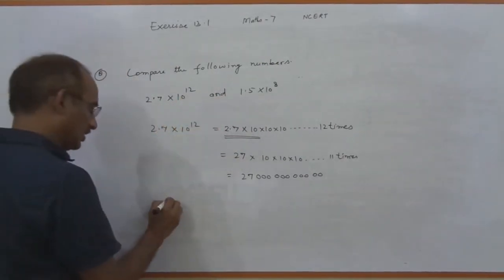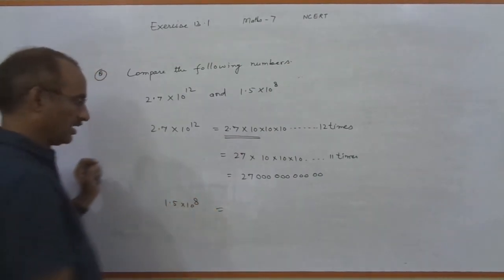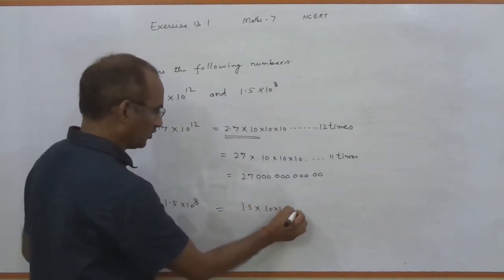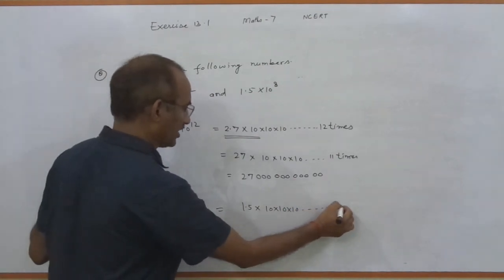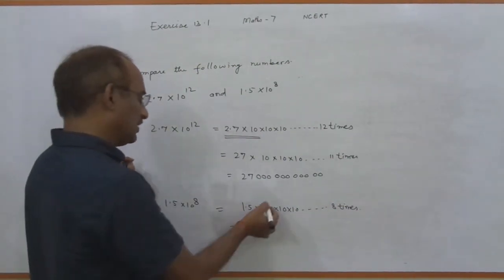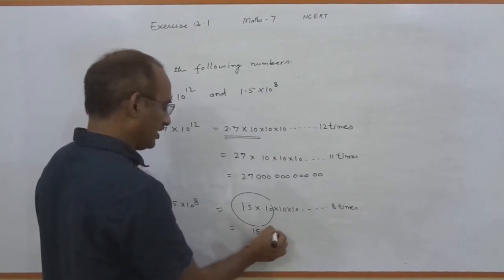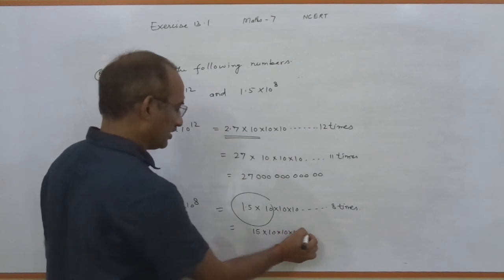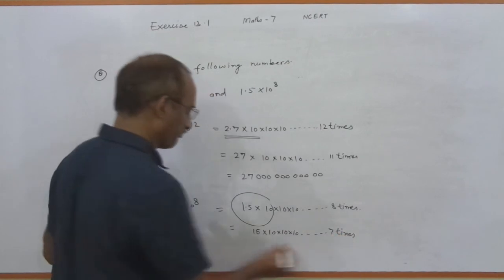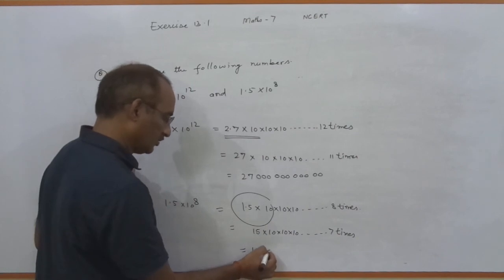Now take the second number. It is 1.5 into 10 to the power 8. So it can be written as 1.5 into 10 into 10 into 10 and so on, 8 times. If we multiply 1.5 and 10, then we get 15, and 10 into 10 into 10 is 7 times now. And this can be written as 15 and 7 zeros.